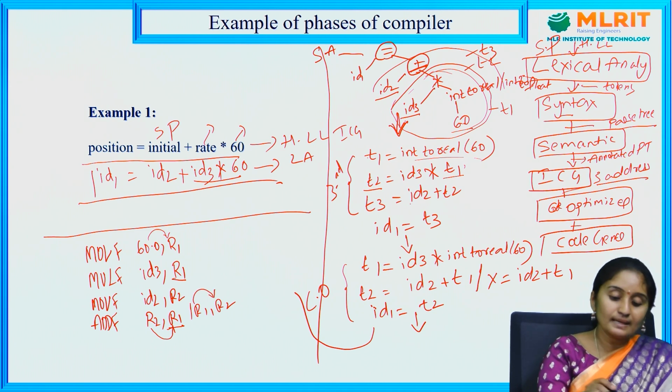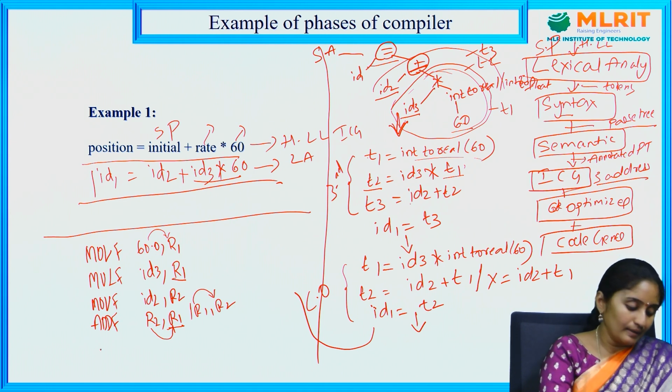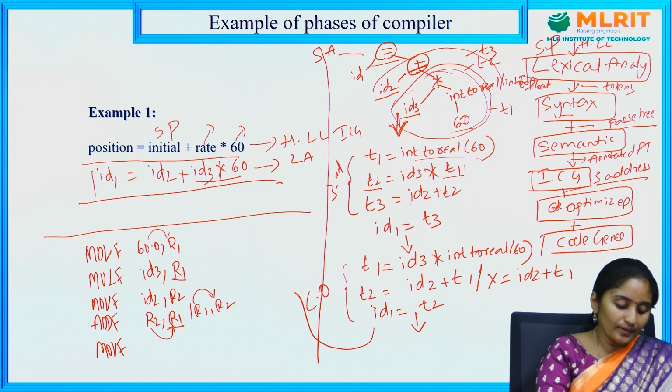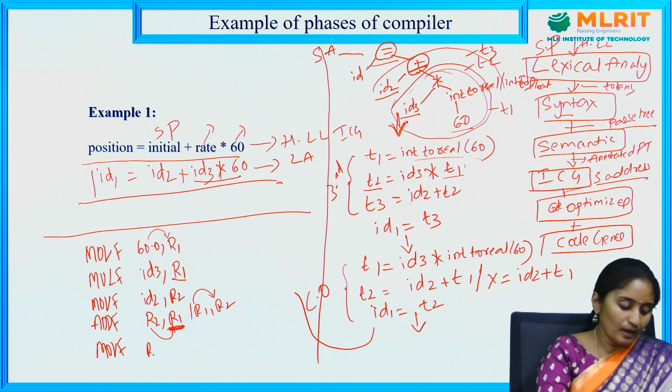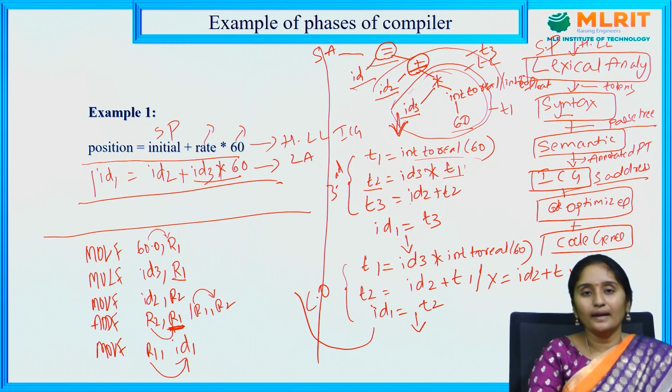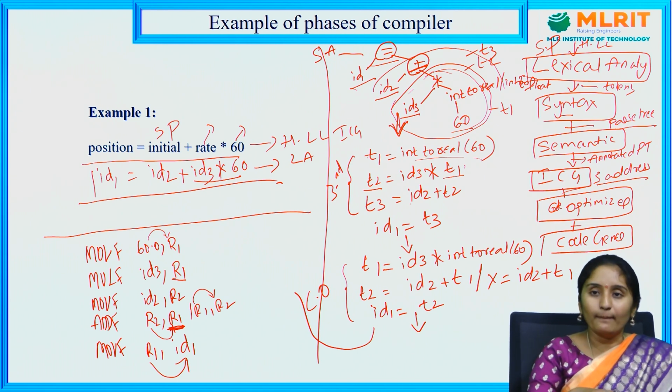So it adds, and then what am I going to do? The whole result is assigned to id1. So move float value. Where do I have the result? In R1. So to which one do I need to move? R1 comma id1. The whole result is moved to id1. So these are the 6 phases of a compiler.